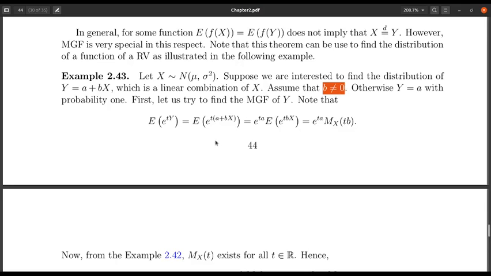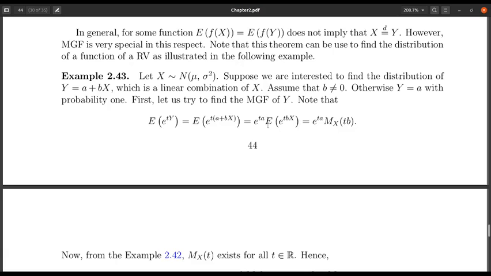First I try to find the moment generating function of y. To calculate it, I need to calculate the expectation of e to the power ty. Then I replace y with its expression in terms of x, which is a plus bx, and write e to the power ta multiplied by e to the power tbx.